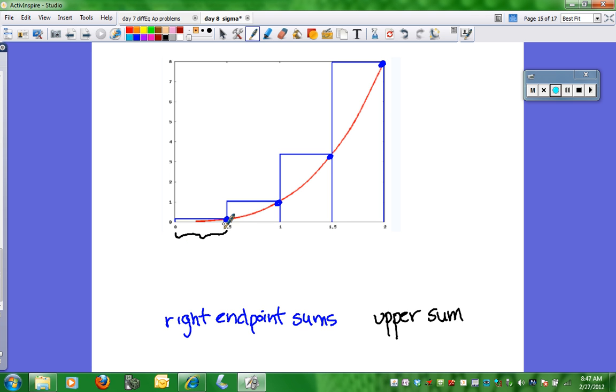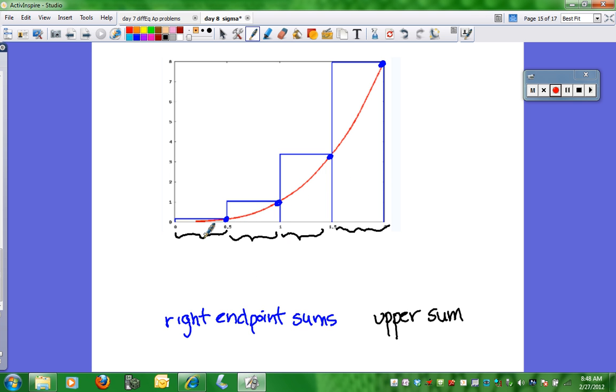From 0 to 0.5, it's 0.5, and from 0.5 to 1. So they had this width, and they multiplied it by the height of each one of these. So they did length times width, plus length times width, plus length times width, plus length times width.